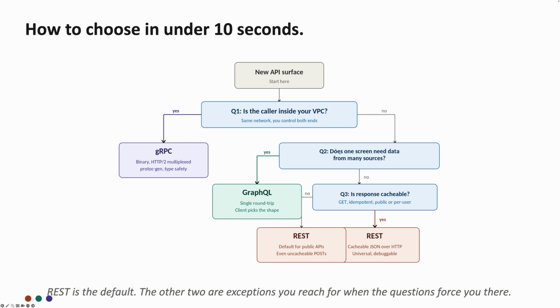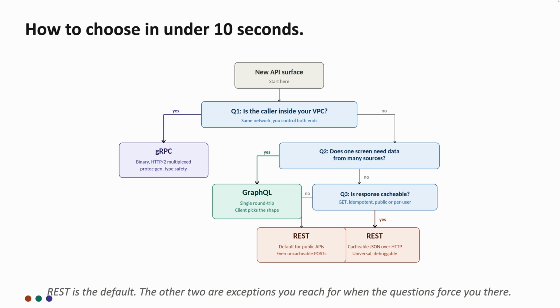If my answer is no, then does one of the screens need data from many sources? If yes, then I would go for GraphQL. And if I just have a one-on-one query, then I would go with the REST API. Also, if the request is cacheable, I would definitely go with a REST API.